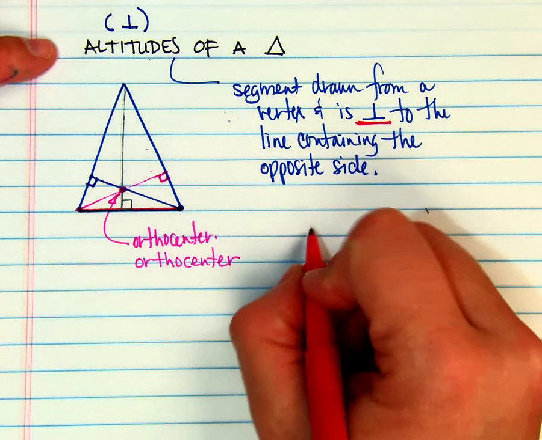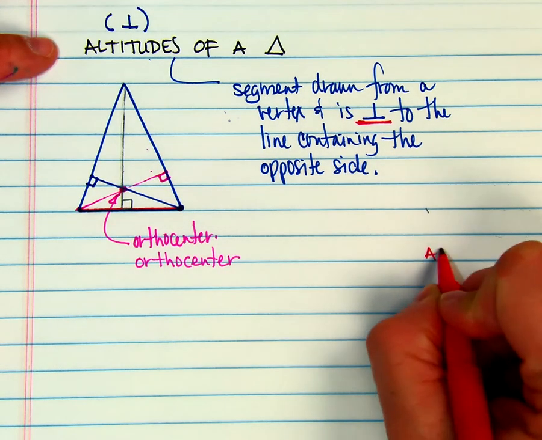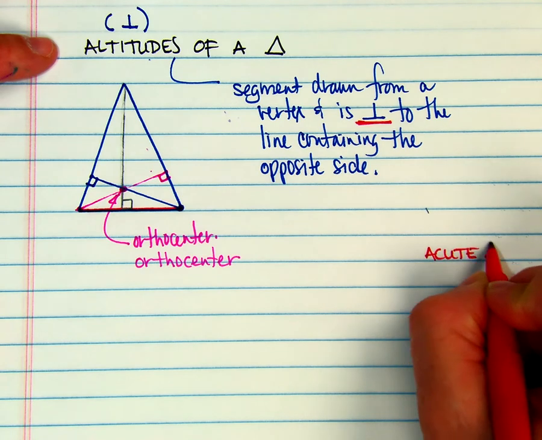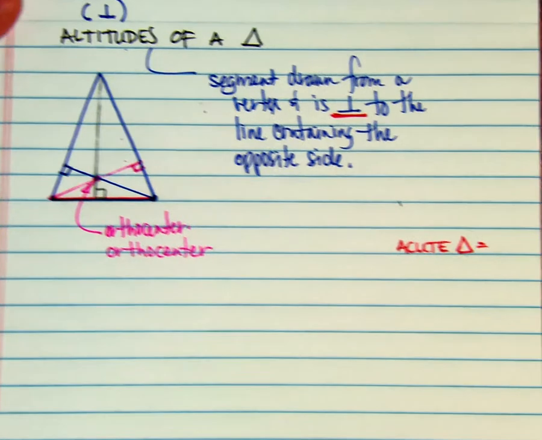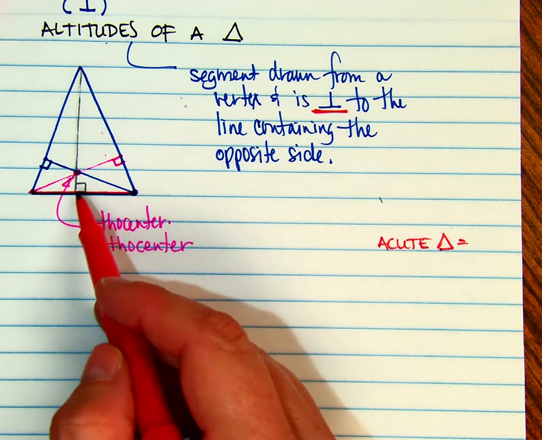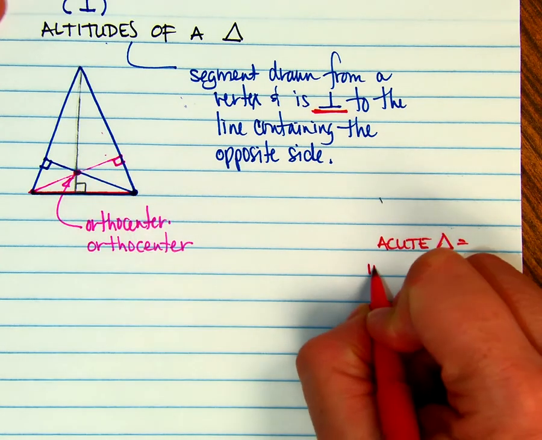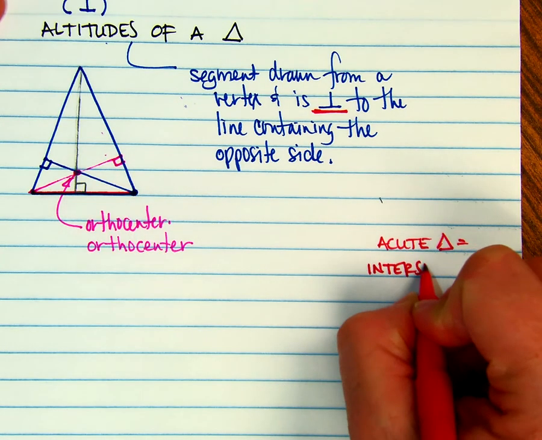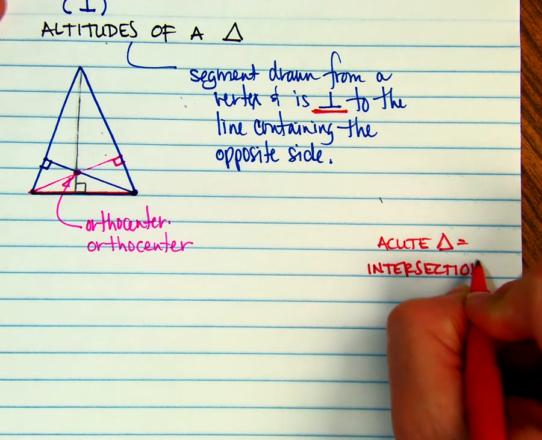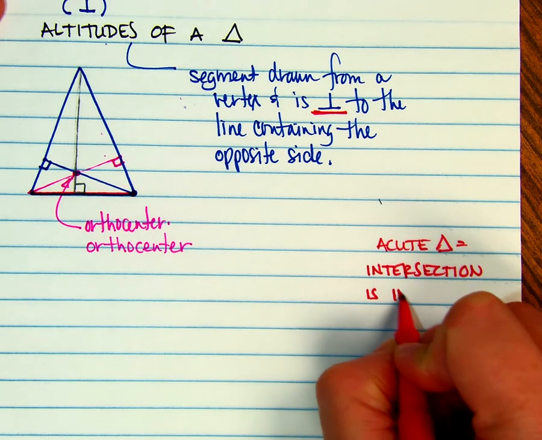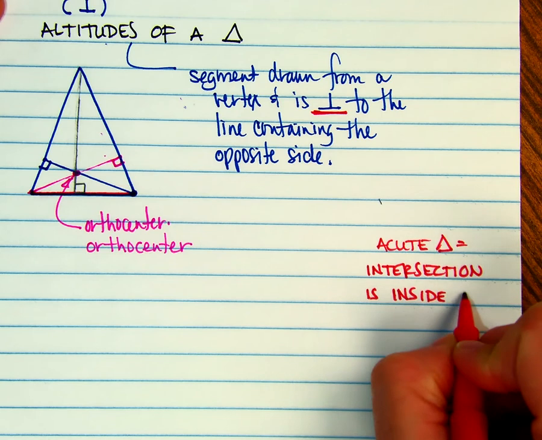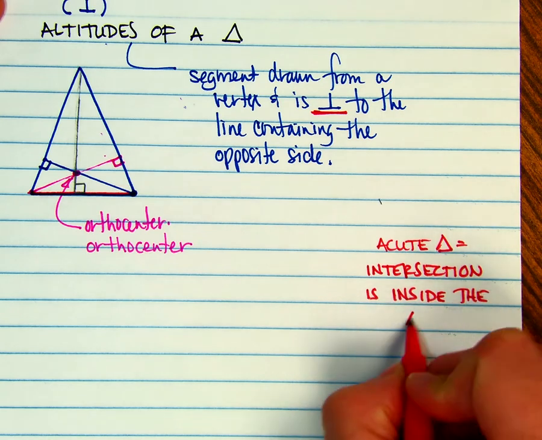So if you have an acute triangle, the intersection of the altitudes is inside the triangle.